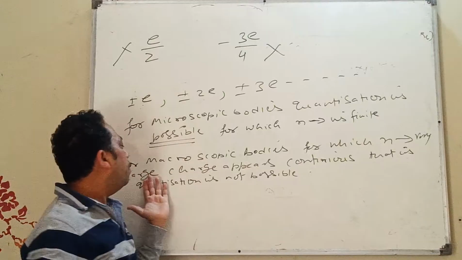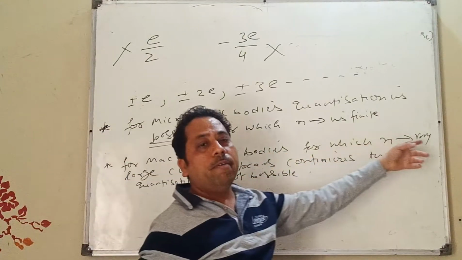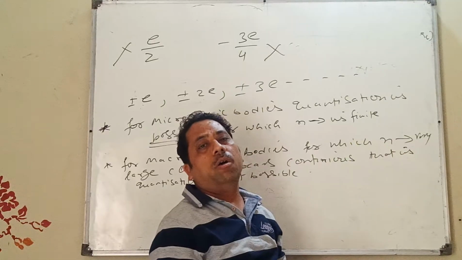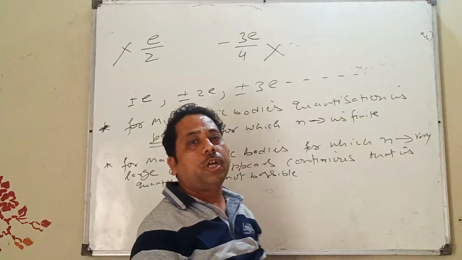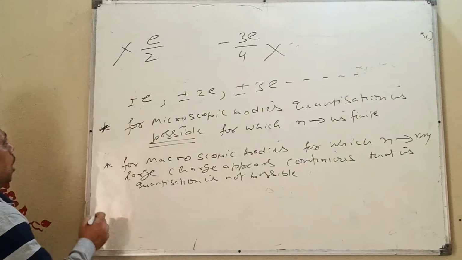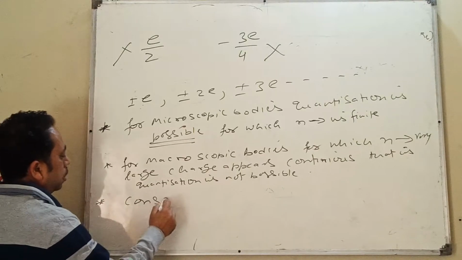For macroscopic bodies, n will be very, very large. That's why you cannot have the quantized property of charge. Then the charge will appear continuous in nature.